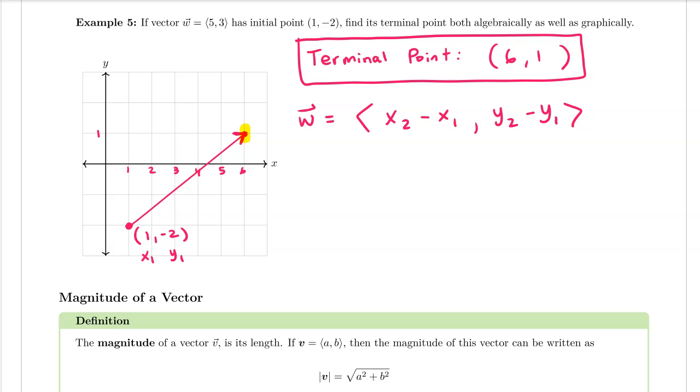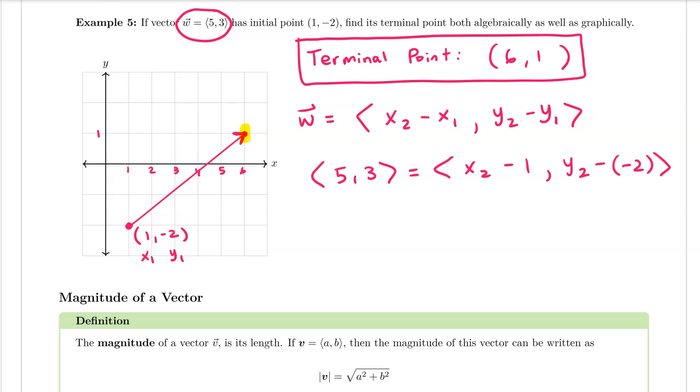And I also have the final component form of vector w. So this means that 5, 3 is equal to x2 minus 1, comma y2 minus -2.